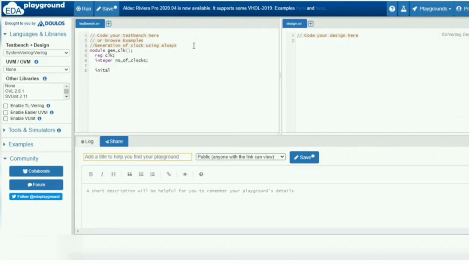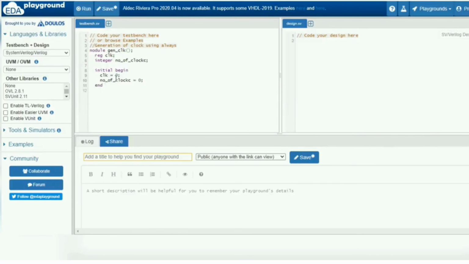Now I'm initializing the clock value with 0. Clock is equal to 0 and number of clocks is equal to 0.